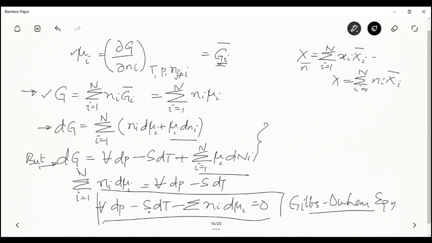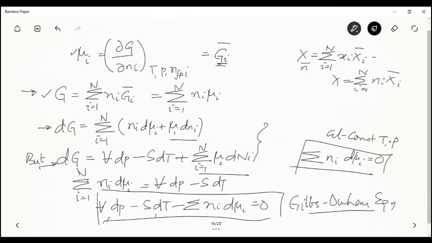When T and P are kept constant, the first two terms drop off, and you get summation of ni d mu i equal to 0 at constant T and P.